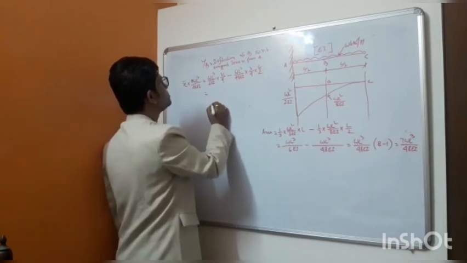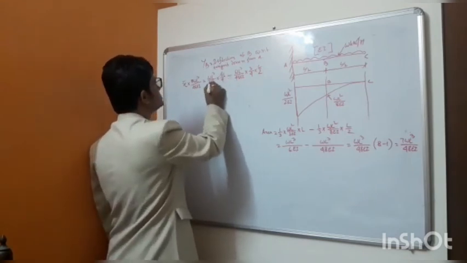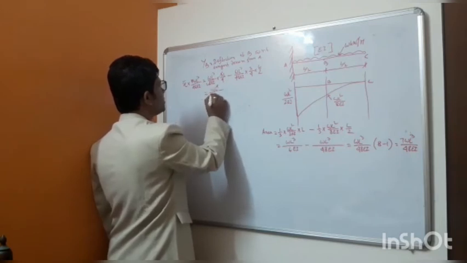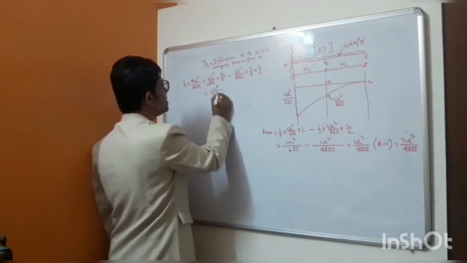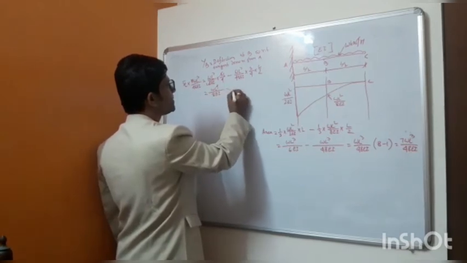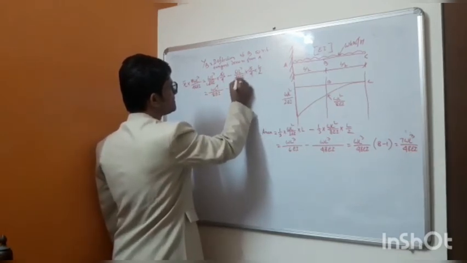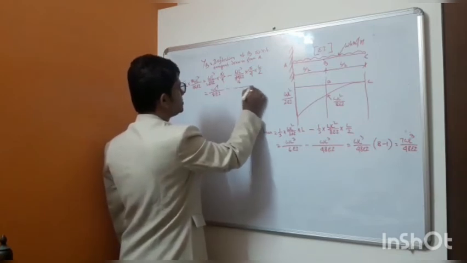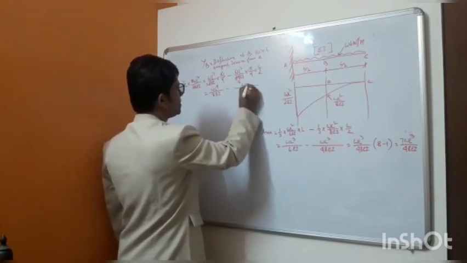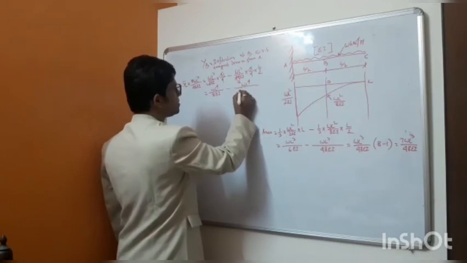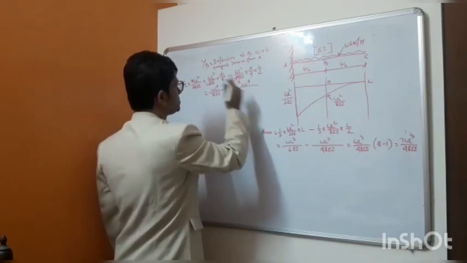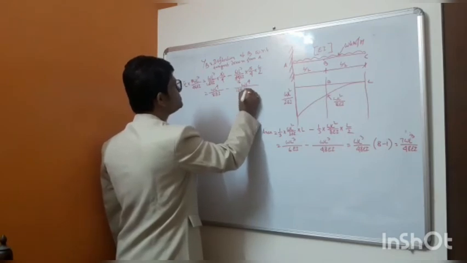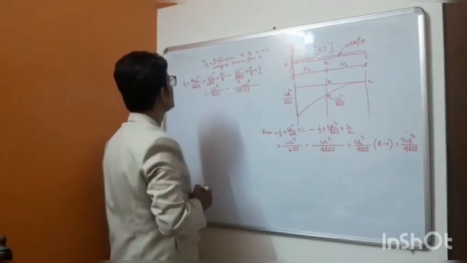This is equal to WL to the power 4 by 8 EI minus, this is 16 into 8, that is WL to the power 4 by 128 EI.